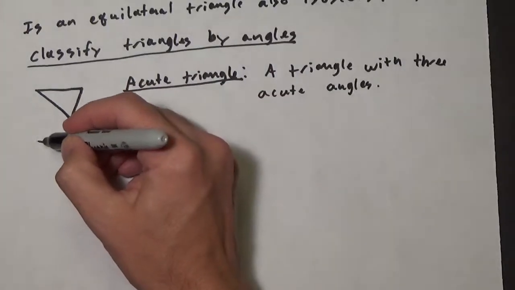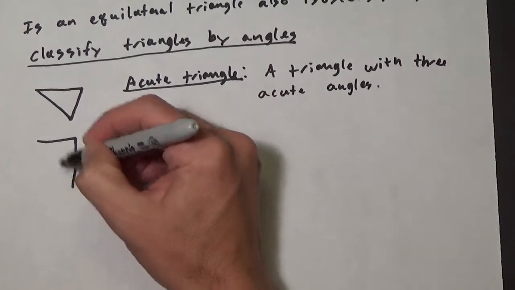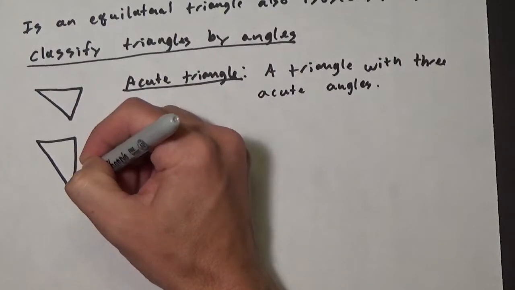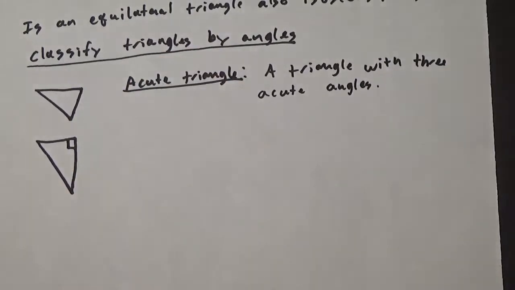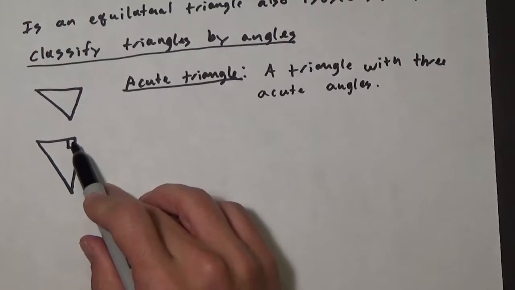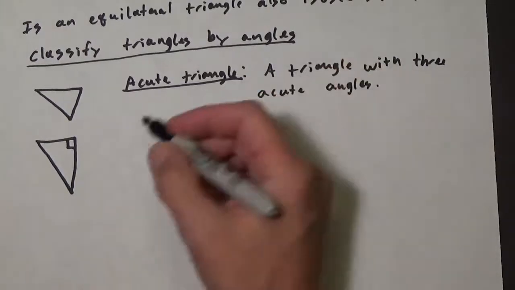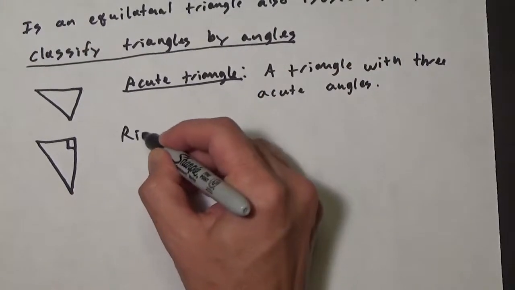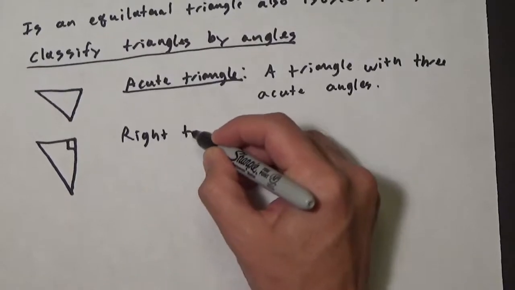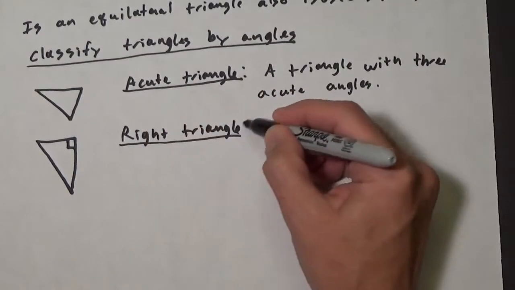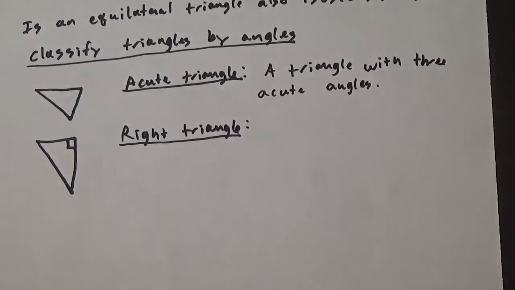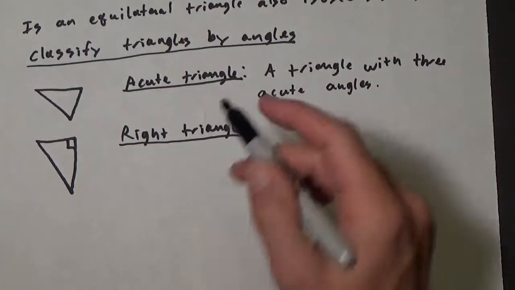The next one, now if one angle is a right angle, that is a right triangle. So a right triangle is a triangle with one right angle.